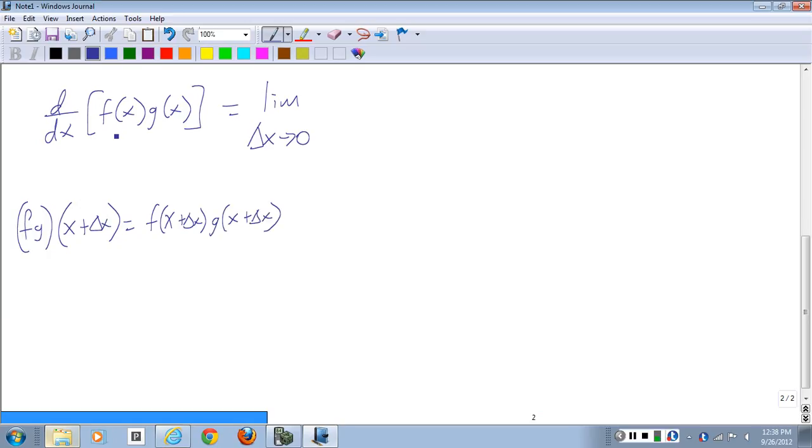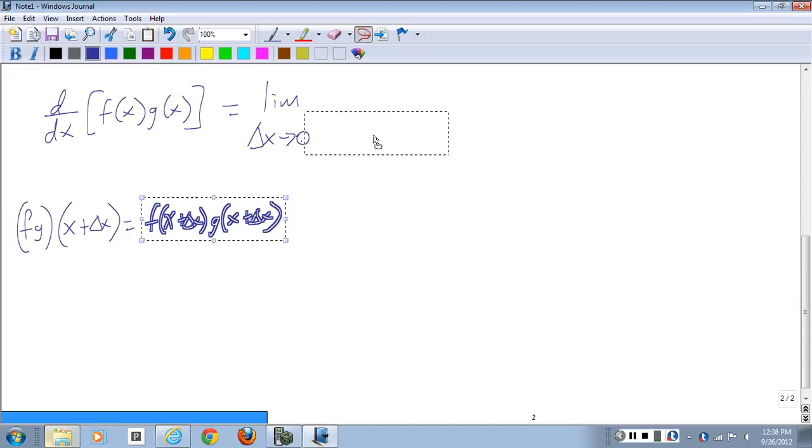So although it's written like this, f of x times g of x, literally that's the product function. So if I want to evaluate the product function at x plus delta x, that's what it's going to look like.